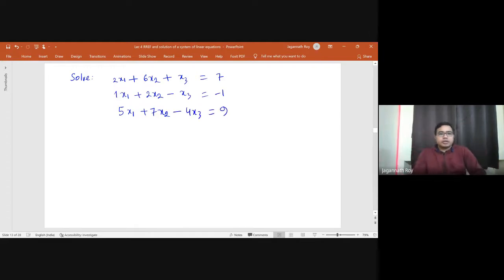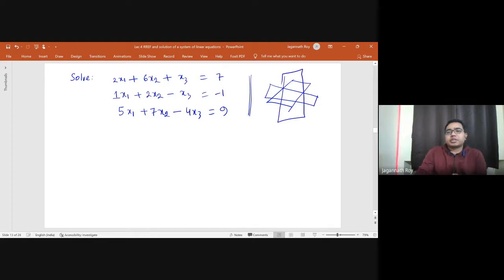Okay. Now the task is, normally, if you have three variables, then you can see the graphical plot of the planes. If you can see one common intersection point, then you can say that there is a unique solution. And if you are lucky, then you get a solution by looking at the graph.